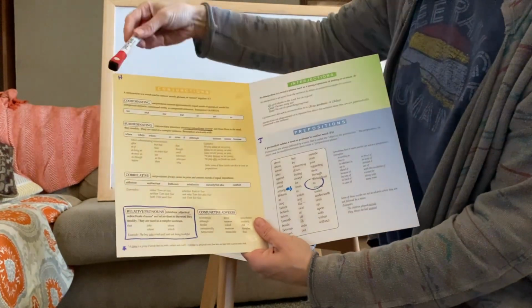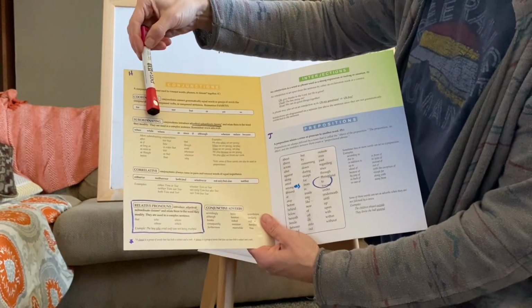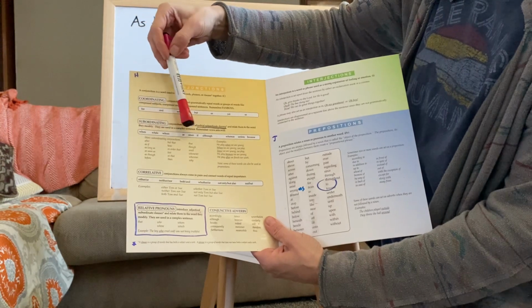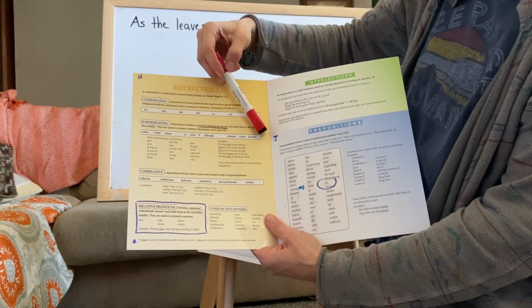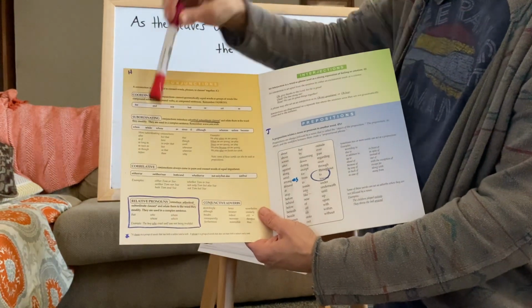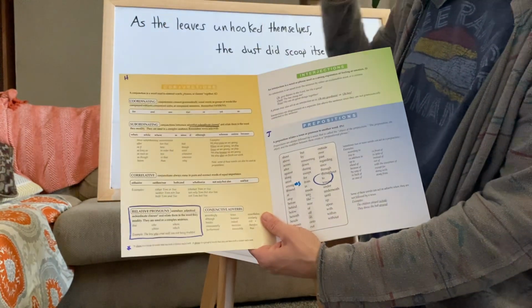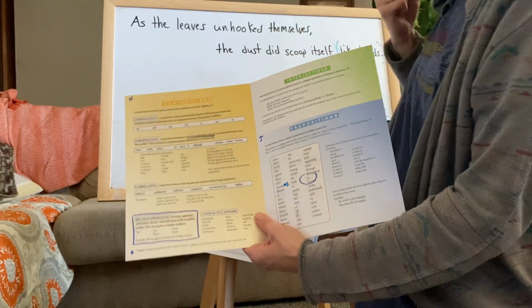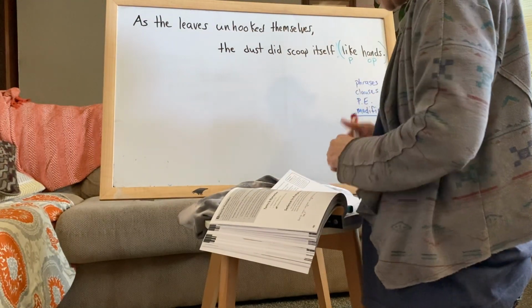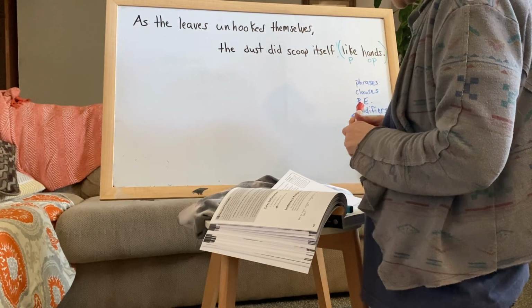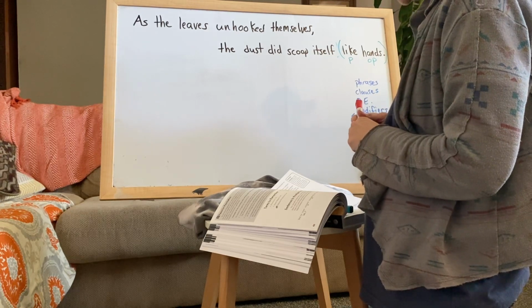Remember on chart H are subordinating conjunctions: when, while, where, as, since, if, although, whereas, unless, because. Those are the most common ones. These are the rest of the subordinating conjunctions that can be used, okay? So yes, as the leaves unhooked themselves is a subordinate clause.